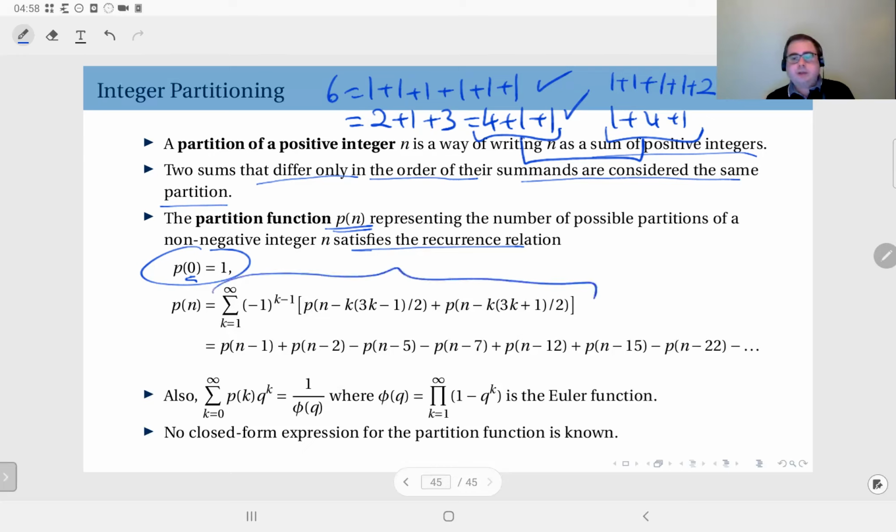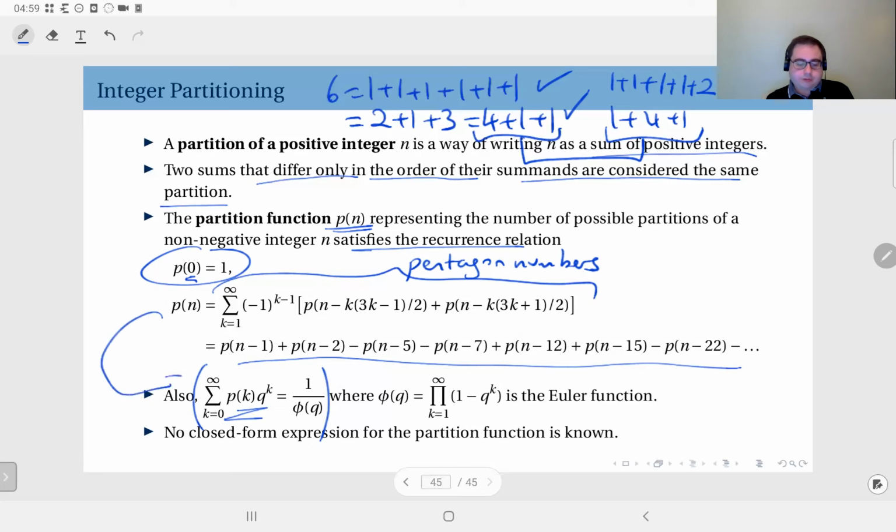This is related to what are called the pentagonal numbers. If you are interested, you can look this up. An interesting concept, and it turns out to be equal to this infinite sum expression. And the partition function also satisfies this identity where this infinite sum equals this function, and in fact this recurrence relation is a result of this identity, which I'm not going to go into.